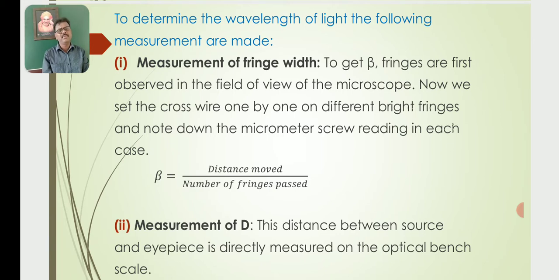Then it is moved to the next bright fringe, and we note down the micrometer reading in each case. Then the fringe width is equal to the distance moved divided by the number of fringes passed. This is the determination of the fringe width, beta.